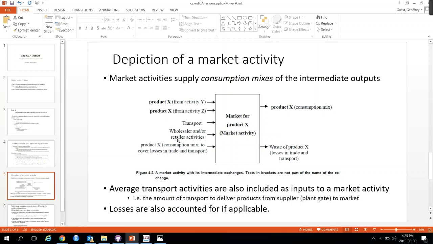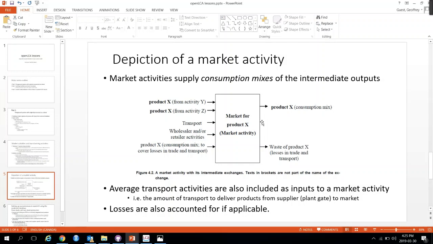And you could include some other things to do with wholesaler or retailer activities, but generally ecoinvent doesn't consider this. They only consider the transport and the market mix of the incoming products from various activities from different regions, for example, or the same region. It's a different technology, but generally it's just a couple of regions considered.